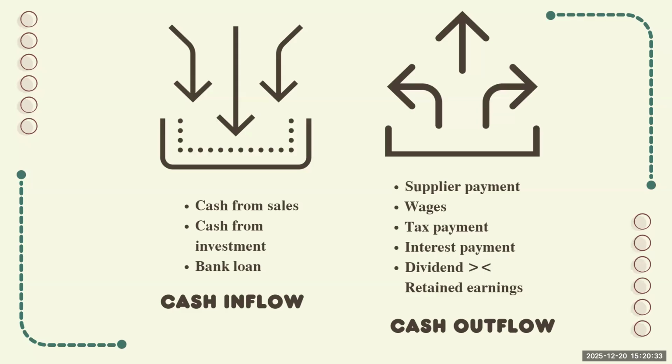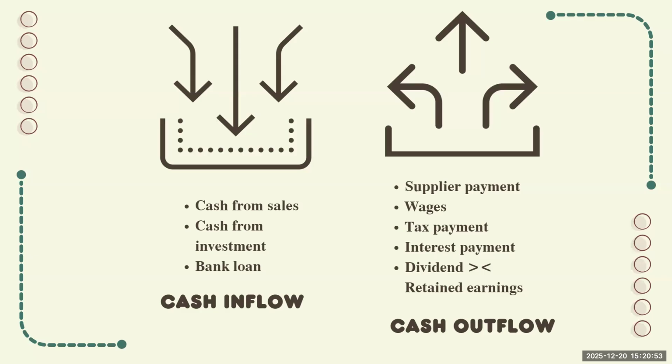And when you have more outflow than inflow, then you have negative. So it's like blood for a business. When we have blood, then we live. When we don't have blood, then we die. Therefore, cash is sometimes considered king in real transactions.